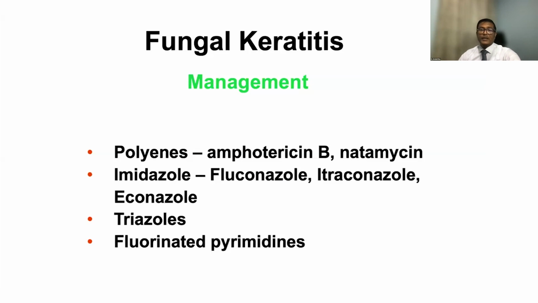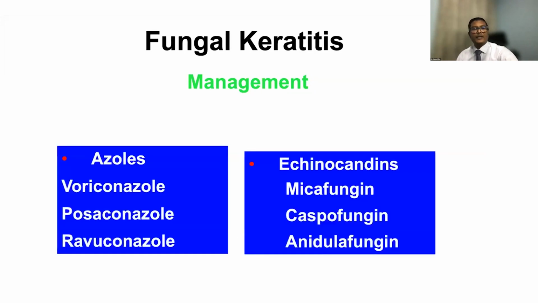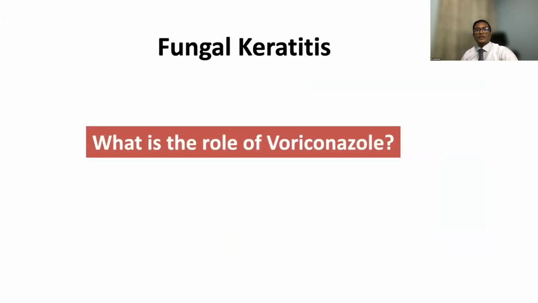Now, antifungals come in different classes of drugs, and there is a lot of change in the prescribing patterns that has been happening. There are many anecdotal reports that apart from polyenes, the imidazoles, triazoles, and the fluorinated pyrimidines are also extremely helpful in managing fungal keratitis. So should we shift to the azoles or continue with the polyenes, which is natamycin?